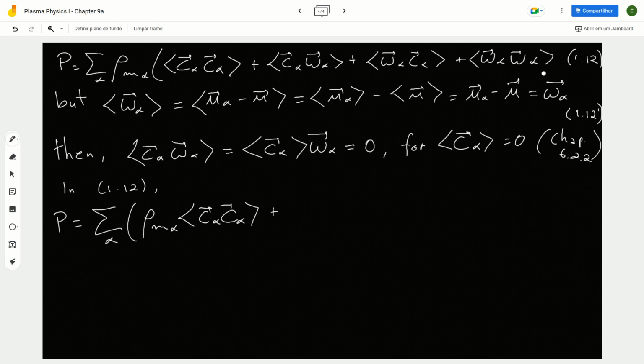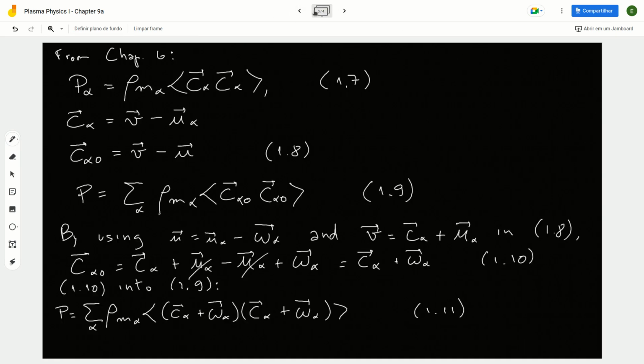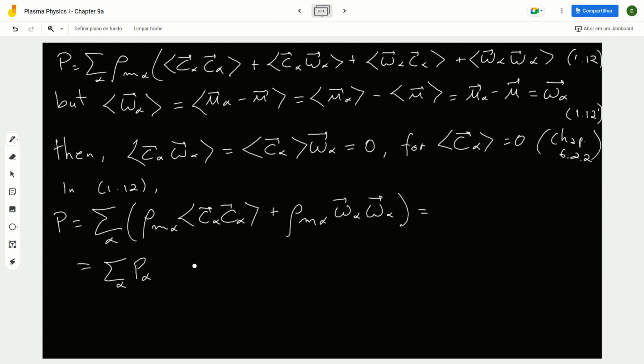But we don't need the brackets here because I have shown that you don't need the brackets in this average. So we just write it like this. And using a tensor notation, I can write P alpha for this. And why P alpha? Because check the equation, it's like this, right? So same thing here, plus this sum.